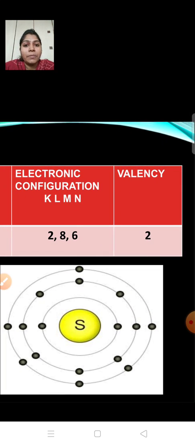So to complete the octet, it needs 2 more electrons. So sulfur will accept 2 electrons and complete its octet and it will achieve stability. So the valency of sulfur is 2.